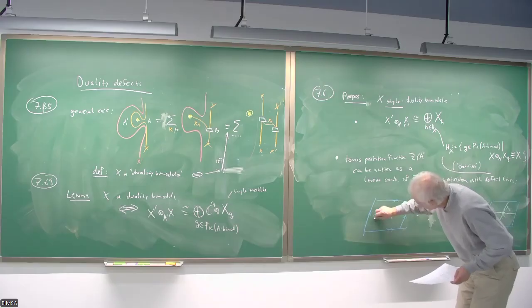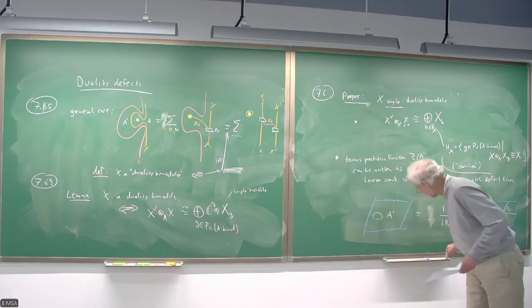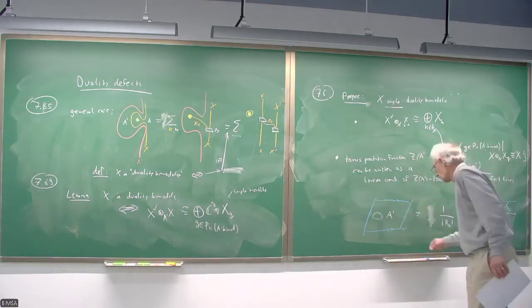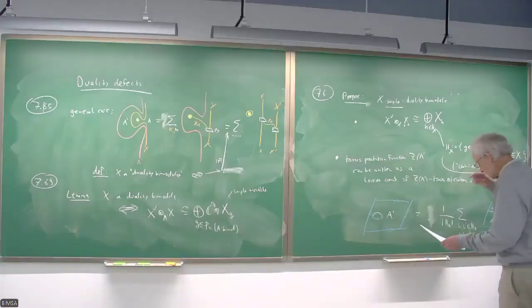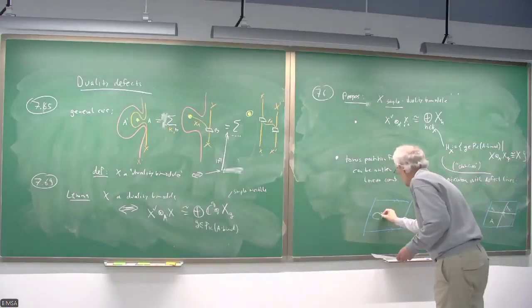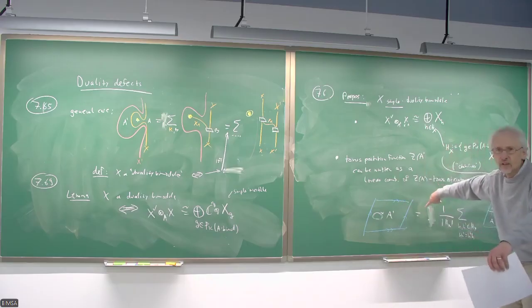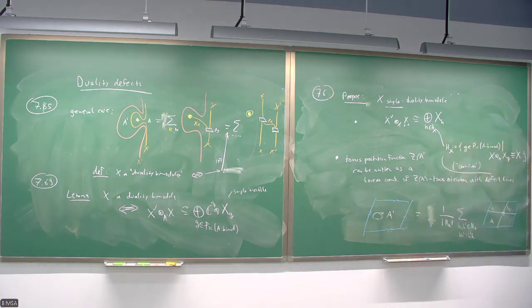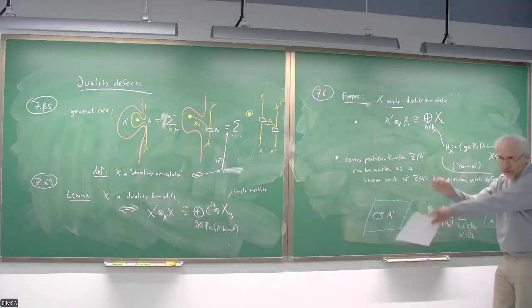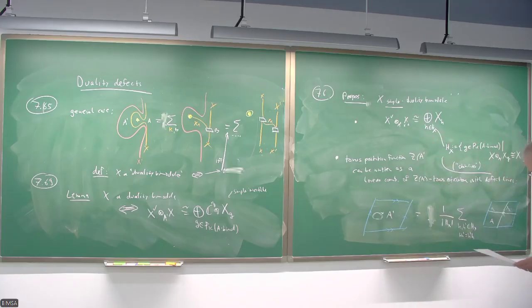Remember, we can insert at the price of a vector in a line, an X line here, and then we deform this on the torus, and we decompose X into simple bimodules, and then we have parallel lines of X and X dual, and use this result here.